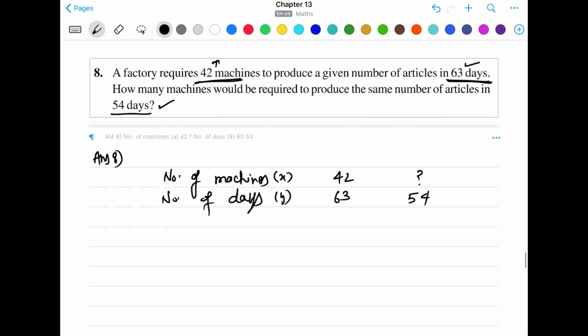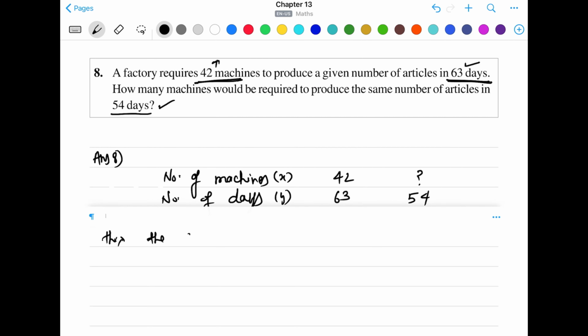Considering these as the value of x and these as the value of y, clearly as the number of days decreases, the number of machines should increase to produce the same number of articles. So we'll write this is the case of inverse proportion.